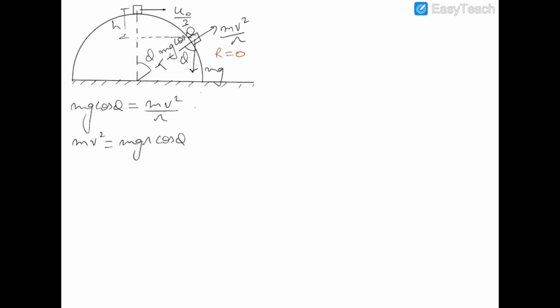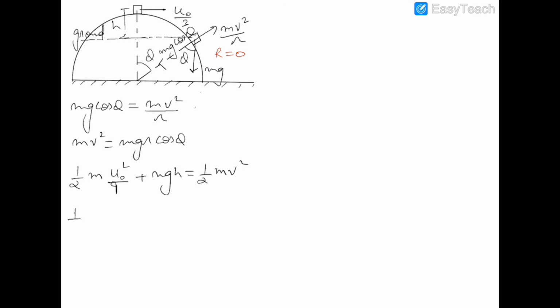As well as by applying the law of conservation of energy, we can say that initially the energy was half m u naught square by 9, and I am considering this point as the reference point for potential energy. So half m u naught square by 9 plus mgh will be equal to half mv square.